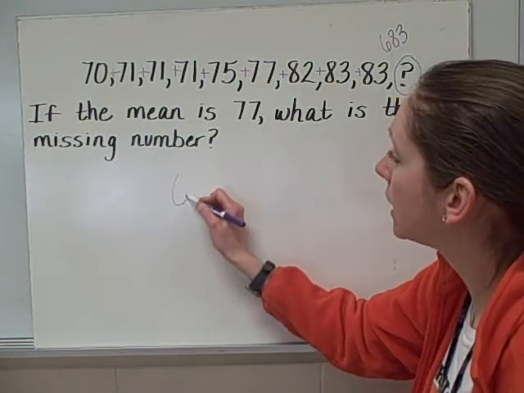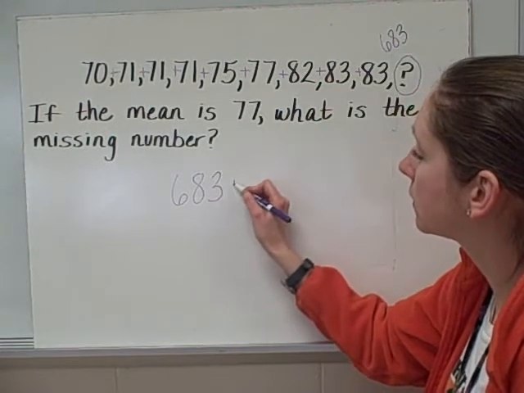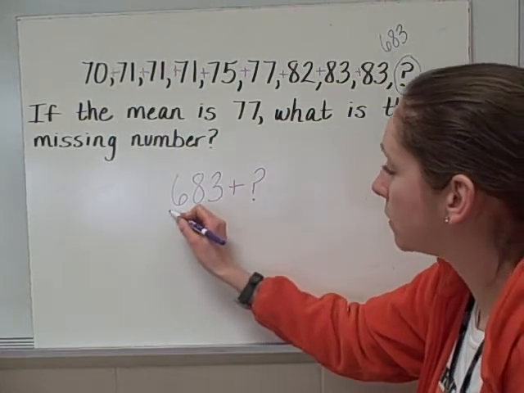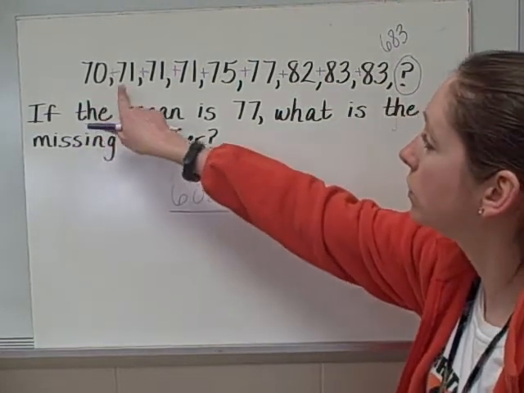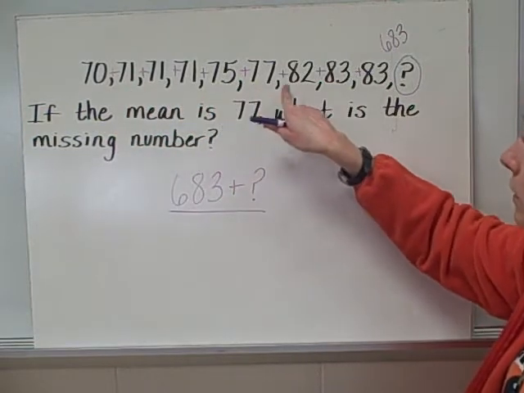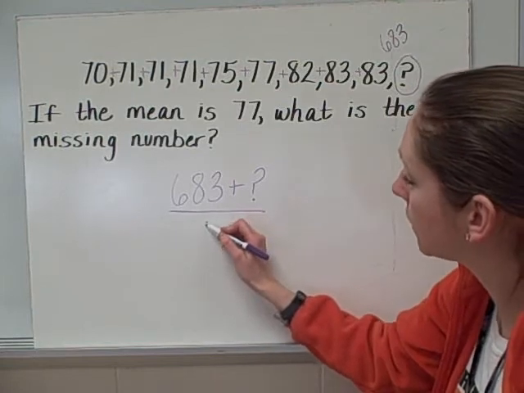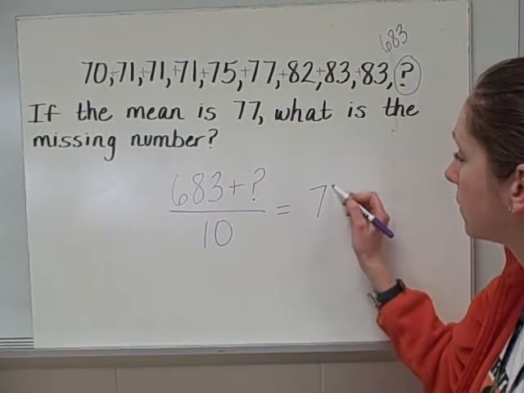Well, 683 plus some mystery number that I'm trying to figure out divided by how many scores I have, which is 1, 2, 3, 4, 5, 6, 7, 8, 9, and 10, includes that mystery number, equals 77.